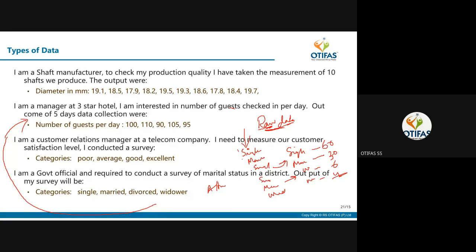So a row data as it is in an Excel sheet, and the same Excel sheet may be consolidated data, and then again in a bar graph you can make it like this, something like that. So these are the ways of representing the data. This is single, this is married, this is widower, and this is widow, whatever. So you can graphically show them like this.